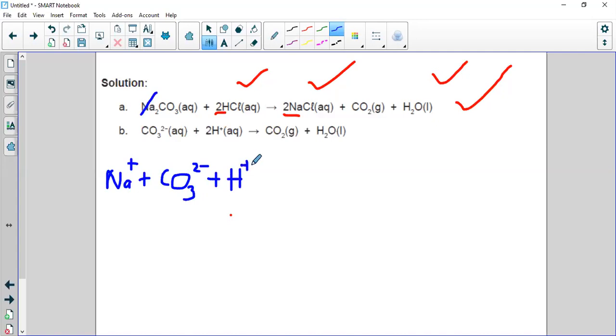I'm just splitting them one by one, so I split this to give us Na plus and CO3 2 minus, and I'm splitting HCl, so I'm going to have H plus and Cl minus. To give you, I'm going to split that one. I'm going to get Na plus Cl minus.